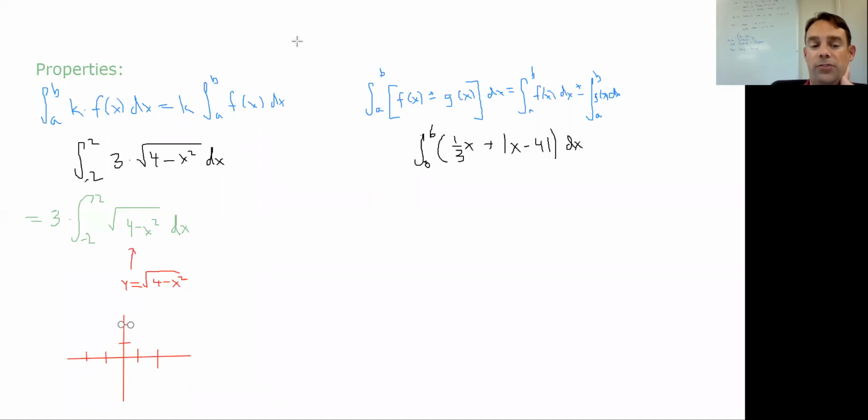The graph of that circle is going from here to here to here. It looks like that. So the radius is 2. So that means this would be 3 times pi r squared divided by 2, which is 6 pi.